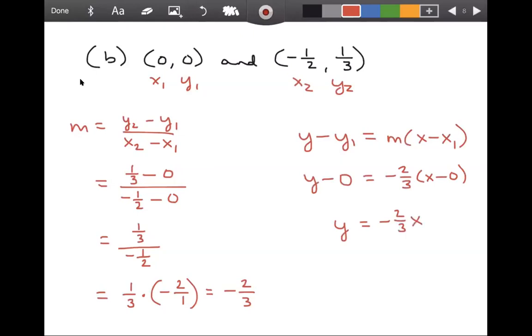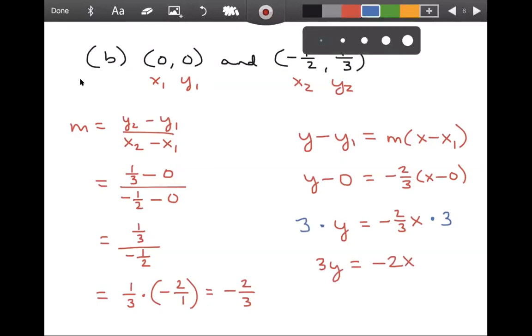And I'm going to do the same thing I did before. I'm going to get rid of the fraction. I'll multiply both sides by 3. That gives me 3y equals negative 2x. Remember, we need x and y on the same side.